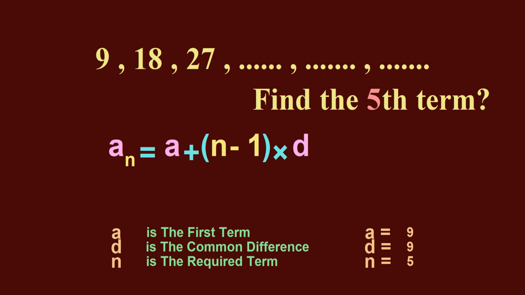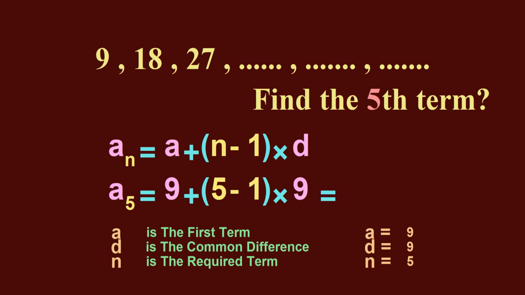We substitute the values of a, d, and n into the formula, and we get that a_5 equals 9 plus (5 minus 1) times 9, which equals 9 plus 4 times 9, which equals 45.